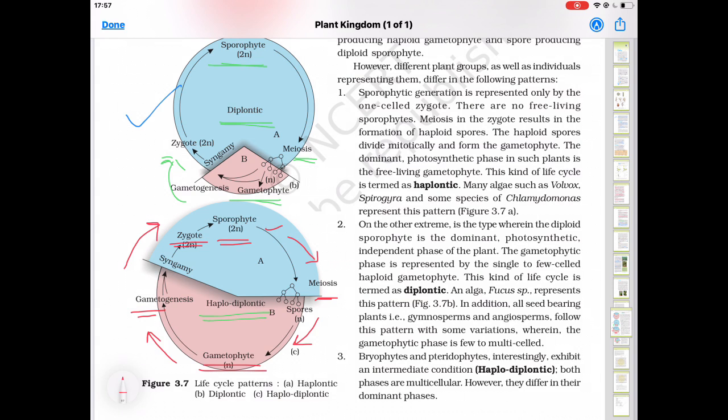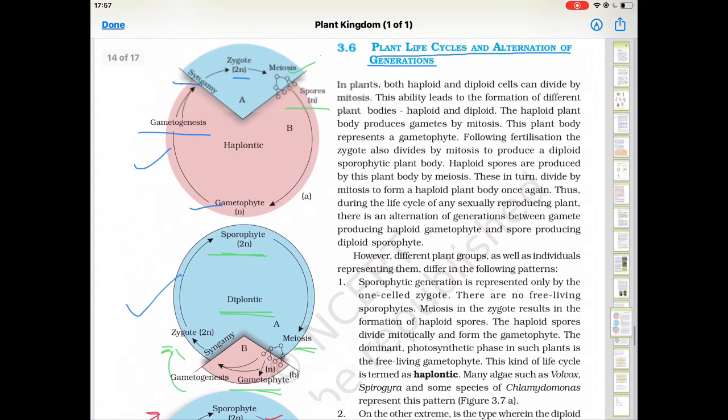So now from the book, in plants, both haploid and diploid cells can divide by mitosis. That is, mitosis can occur in diploid cells as well as in haploid cells. This ability leads to the formation of different plant bodies, sometimes haploid plant body and sometimes diploid plant body.